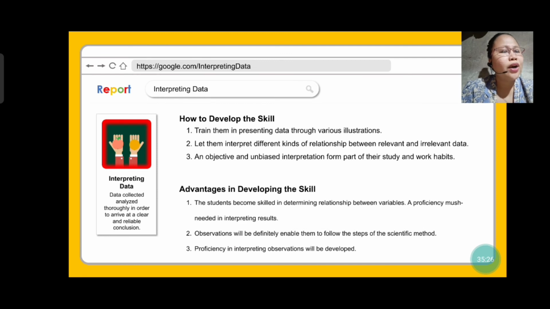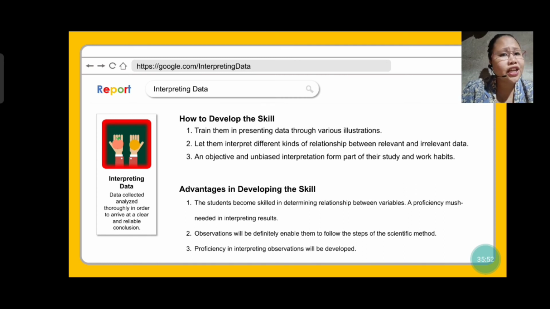Then, what are the advantages in developing the skill of interpreting the data? The students become skilled in determining relationships between variables, a proficiency needed in interpreting the results. Second, observation will definitely enable them to follow the steps of the scientific method.